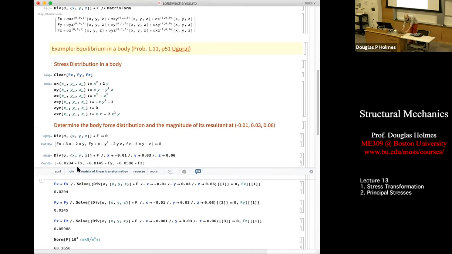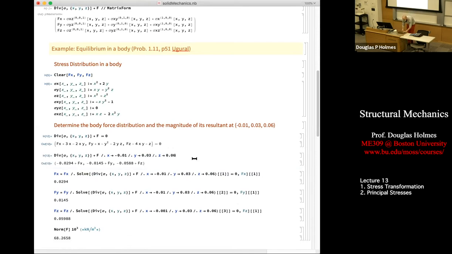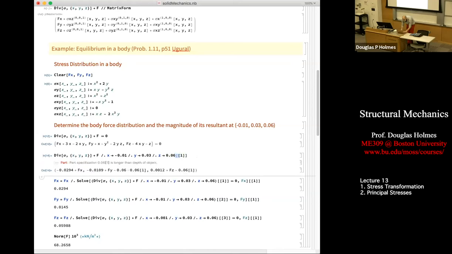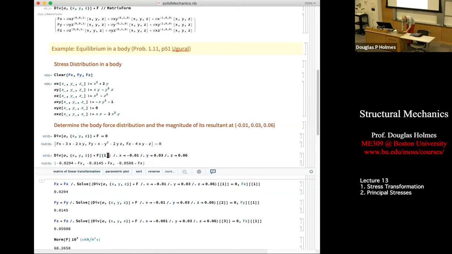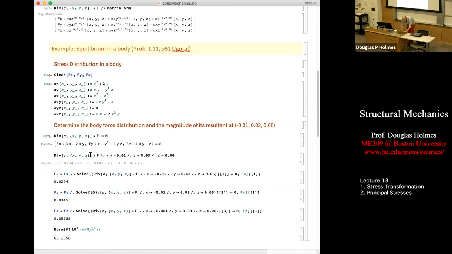I need to now say, hey, take the first one, and solve this equation when it equals 0 for fx.